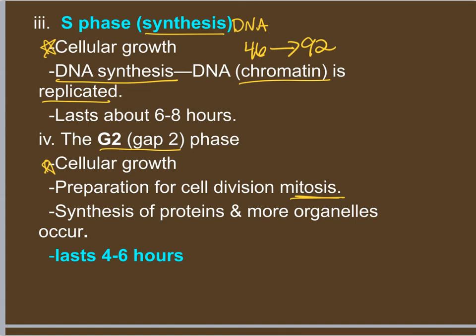So most cells are going to go through G1, S, and then G2. That's phase 1, 2, 3. Most cells in interphase consist of G1, S, and G2, with the exception of those that go through gap 0.